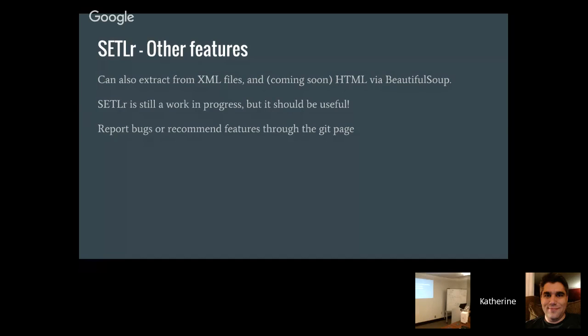So actually the thing to note is that I rewrote the HBGDki ontology conversion scripts from CSV to RDF into SETLr as one of the first test cases for SETLr. Writing those conversion scripts in SETLr was actually very fast. It didn't take long at all.